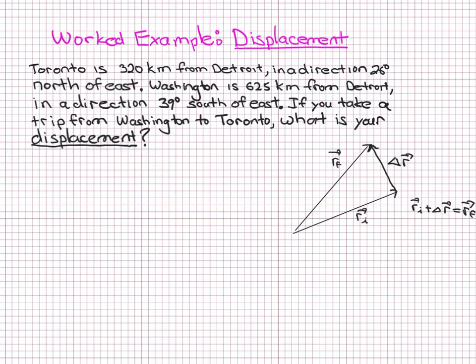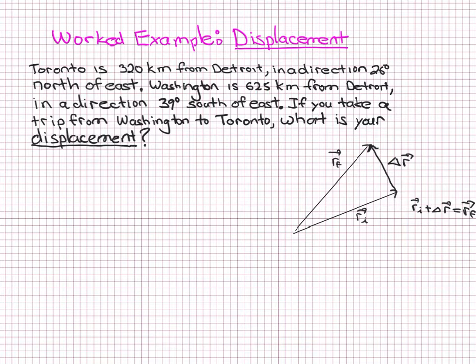Okay, so let's test out our understanding of the concept of displacement by taking a specific example. So this example involves three different cities: Toronto, Detroit, and Washington. And we're told that Toronto is 320 kilometers from Detroit in a direction 26 degrees north of east.